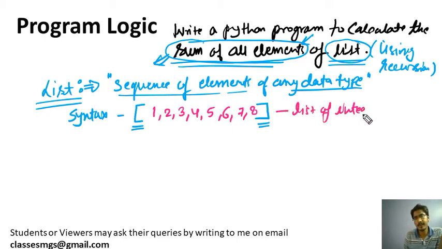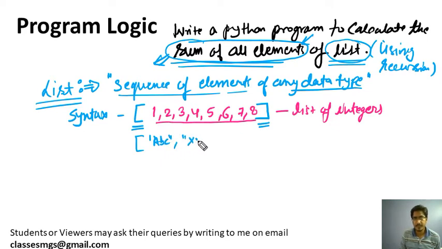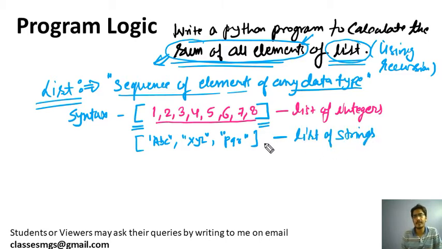Similarly, it is not necessary that a list will always have integer values. It might have different values at the same time. Let's suppose this is a list of strings, because in this list all the elements are strings.